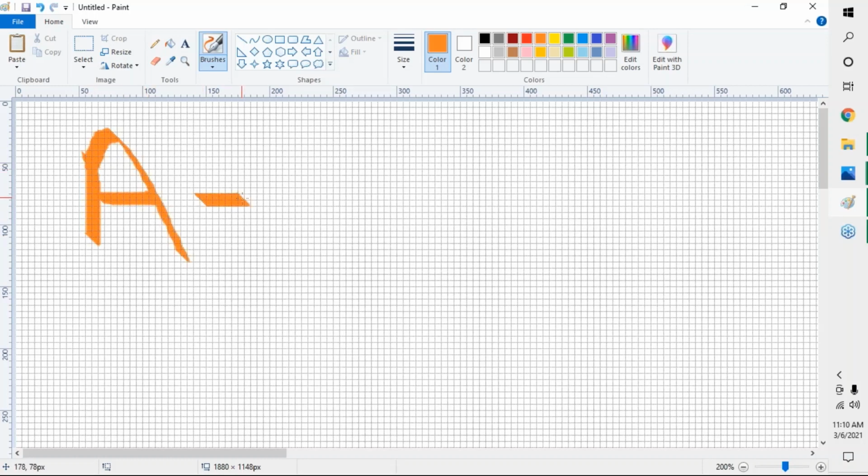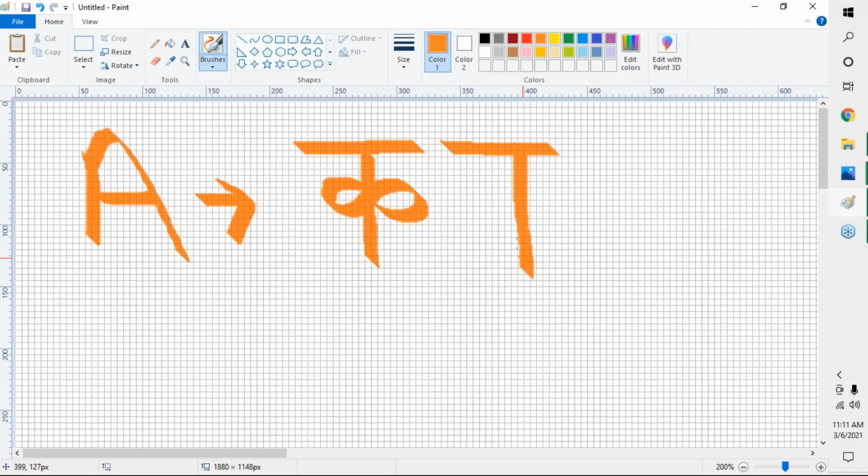So what we told in category A: these are the alphabets that touch the Shirorekha only once. For example, K. So this is category A. Similarly, if I have to show another alphabet, V, or another alphabet, I am just repeating what we saw in the chart.